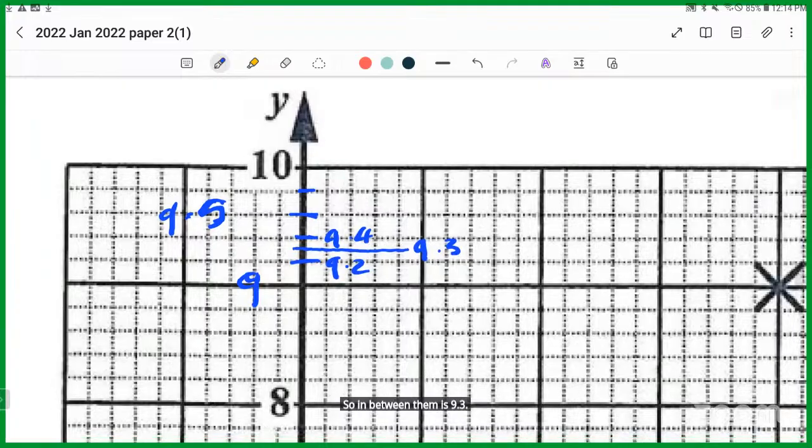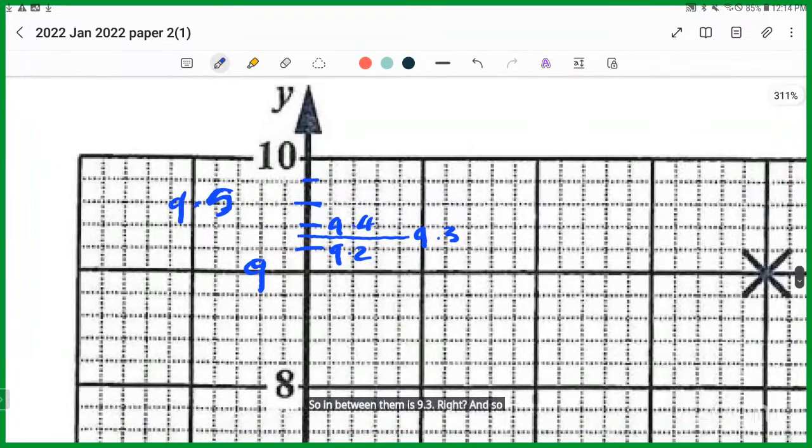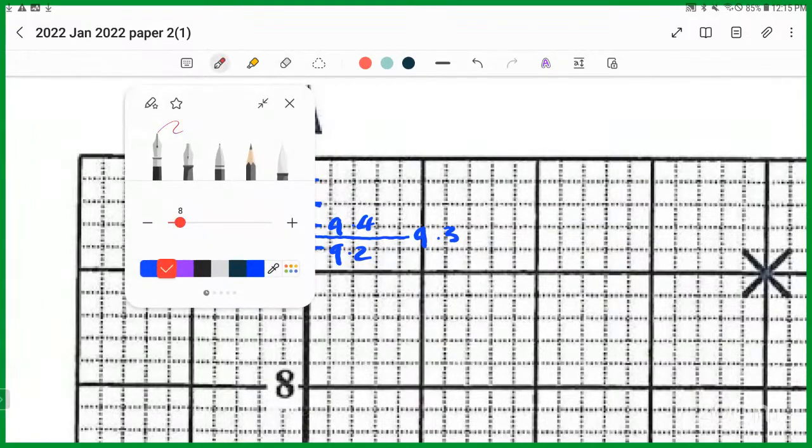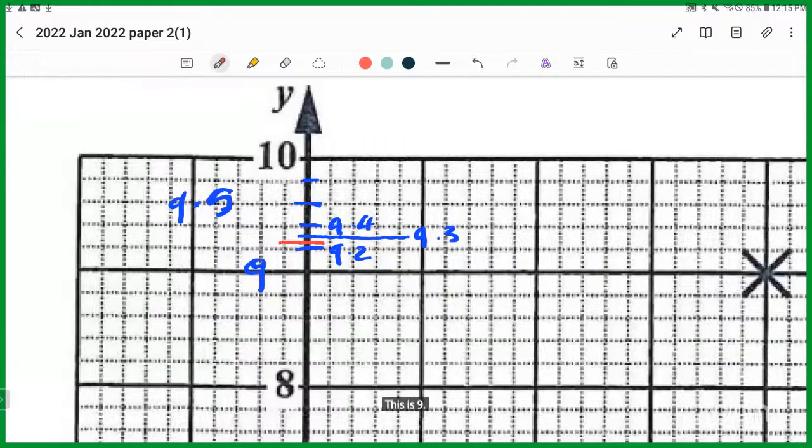And so 9.25 is right here, if you want to be even more precise. That's 9.25. I'll use a different color for the 9.25 line. Between 9.2 and 9.3 is 9.25.